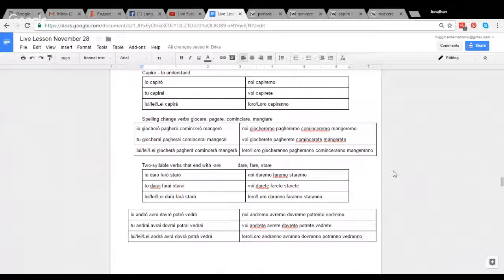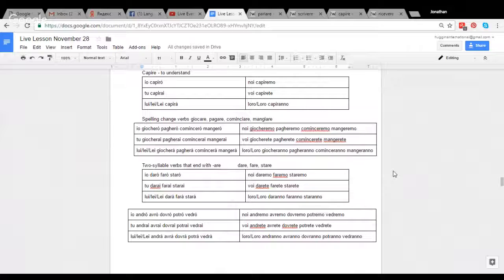I'm looking at one of my textbooks from university when I was studying Italian for the first time. But basically, you can also use this for the probability in the future, in addition to just talking about actions that will take place in the future.